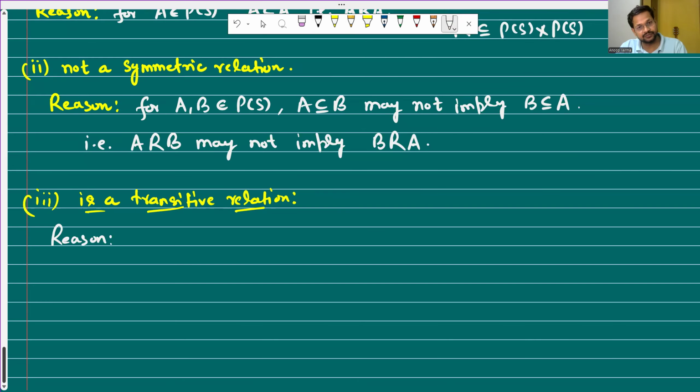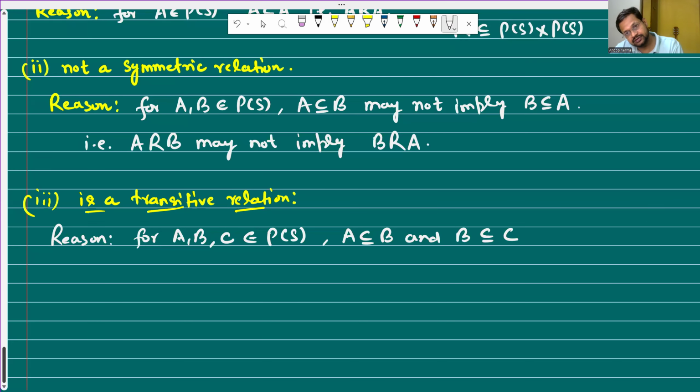You can easily say for any sets A, B, C which are subsets of S, it means they belong to the power set of S, and A is a subset of B, and B is a subset of C. What is the meaning of that? It means every element of A is in B, and every element of B is in C. This means every element of A is in C. It means A is also a subset of C. So it is a transitive relation.